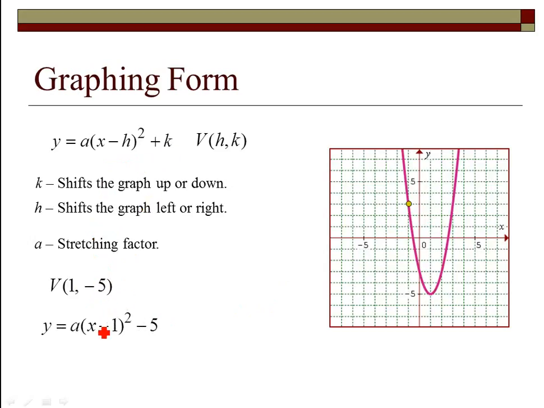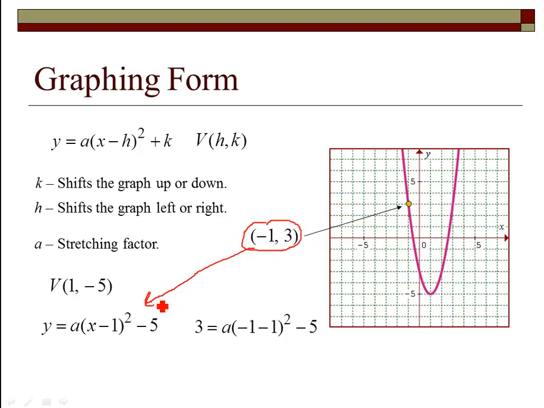What I want to do is figure out what a is. So I need another point other than the vertex to plug in. They gave us this point right over here, and that point is at -1, 3. I'm going to plug it into my equation. So y equals 3, and I plugged in -1 for x.